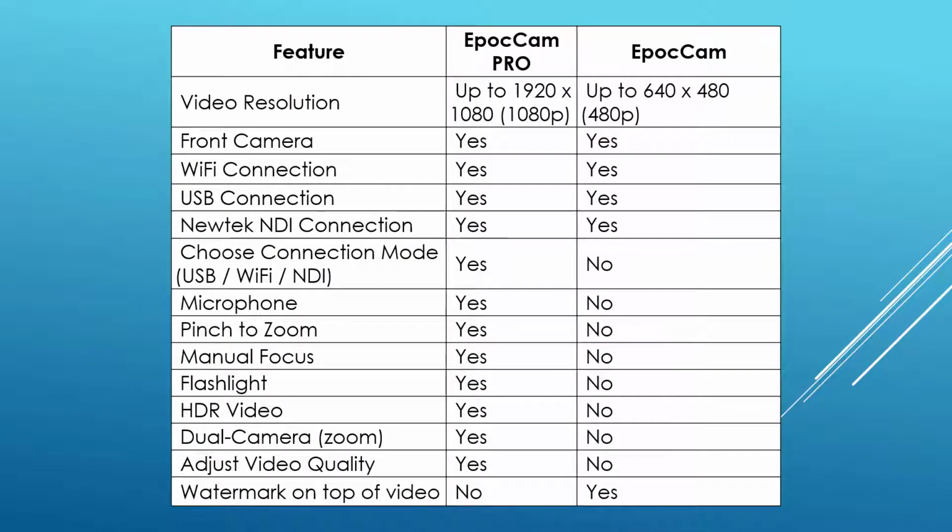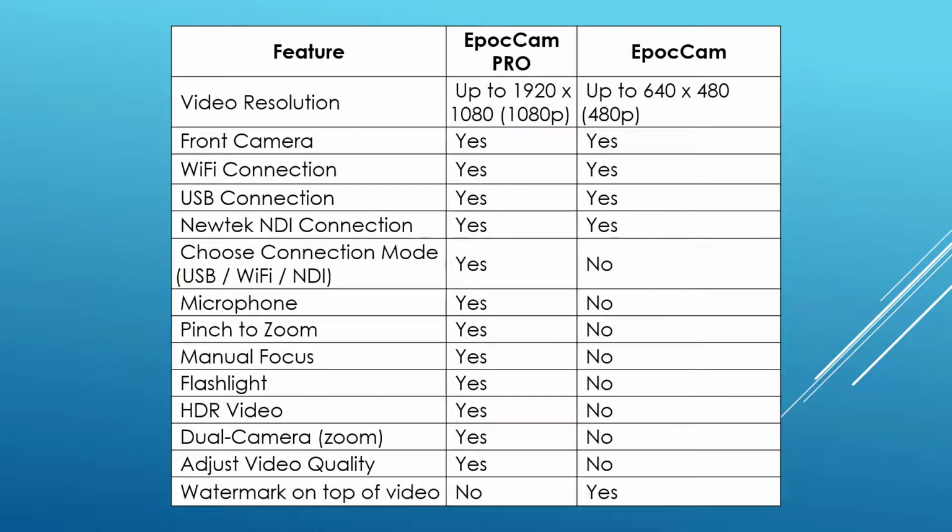The features with the EpocCam Pro: you can see you have a lot more features: front camera, Wi-Fi connection for both versions, USB connection, yes, and NDI connections if you have that. But the Pro lets you choose your connection, whether it be any of those. Use the phone microphone.